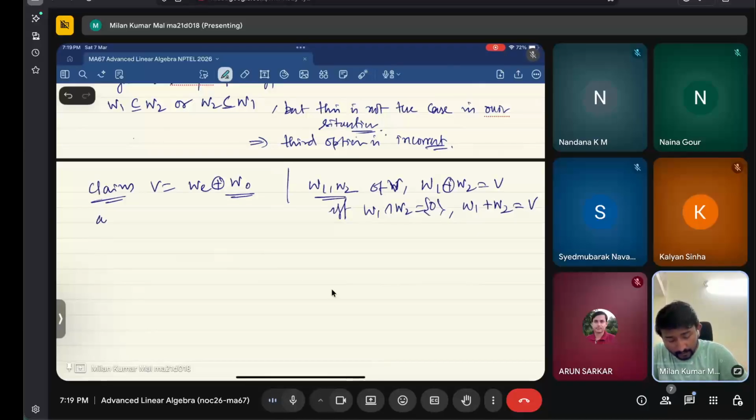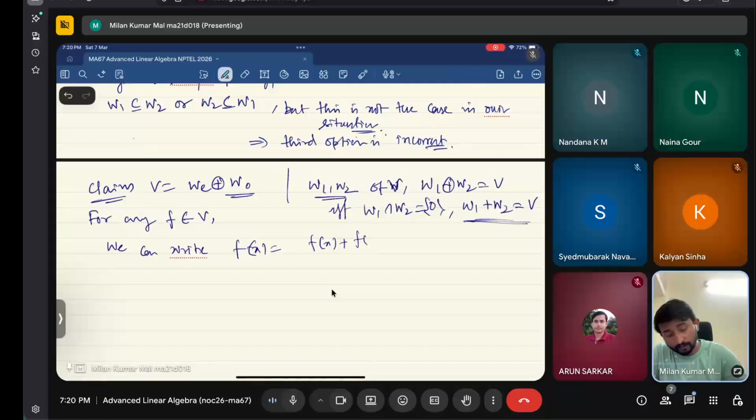But if I can write any function as the sum of two elements, one coming from W1 and another coming from W2, then we are done. So for any f in V, we can write f(x) = (f(x) + f(-x))/2 + (f(x) - f(-x))/2.